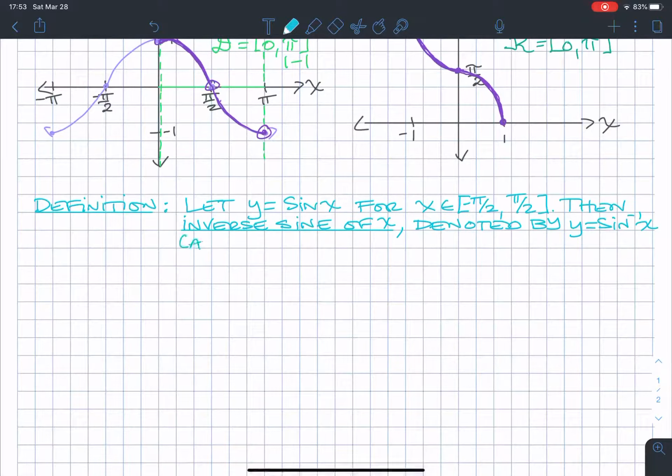Alternately, we can write it as arc, A-R-C sine. Remember, the arc is what is on the curve, but this is archaic, no pun intended. So has domain from -1 to 1, the inverse sine that is, and range.